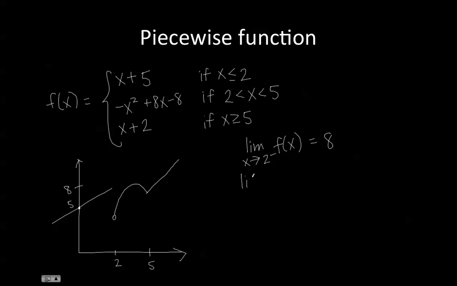However, if we approach 2 from the positive side, it approaches the number 4. And since these two values are different, we know that there is no limit as x approaches 2 from the neat little property we just learned. So this does not exist.